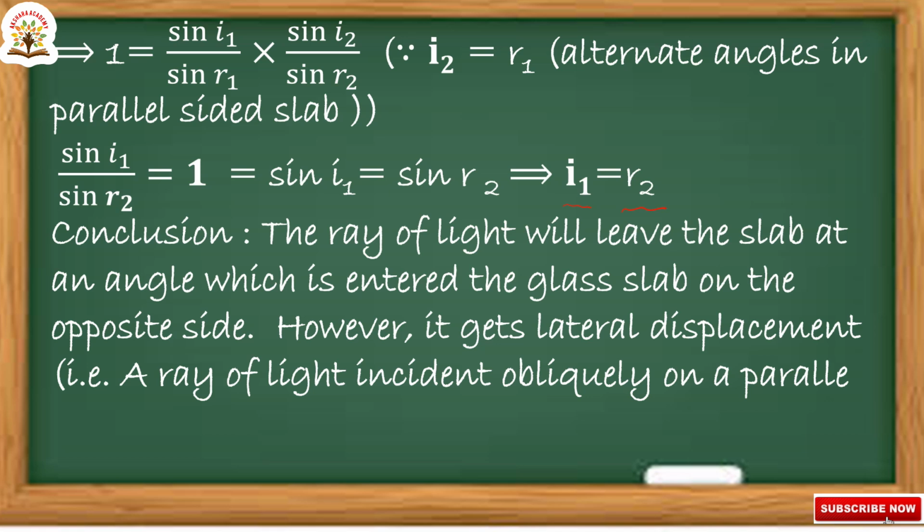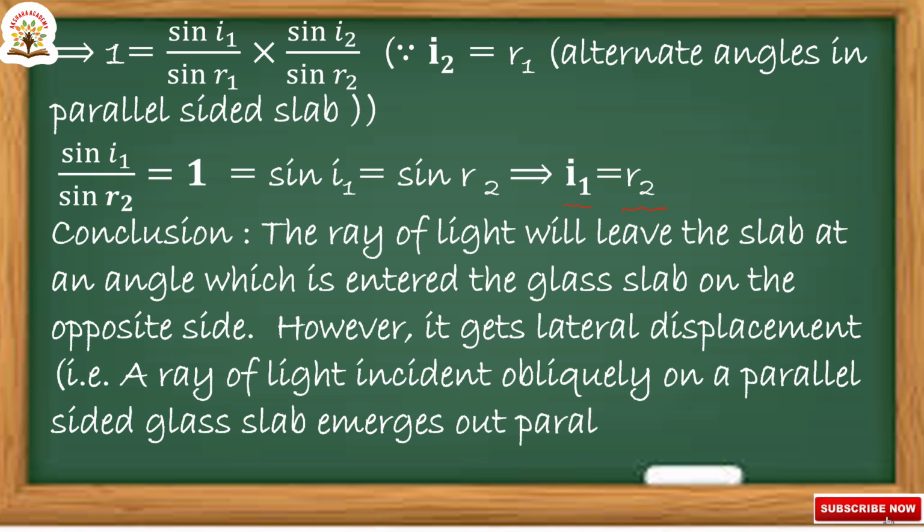So from this we conclude that the incident ray and emergent ray are parallel. These two are equal, parallel rays. There is no angle between these two rays. So the ray of light incident obliquely on a parallel sided glass slab emerges out parallel to the incident ray.